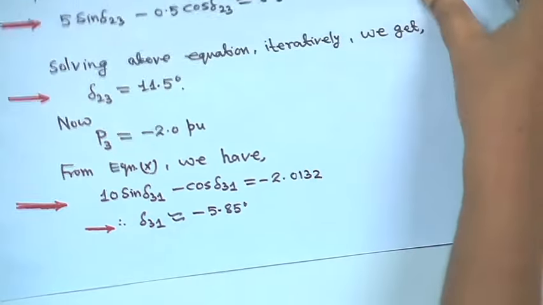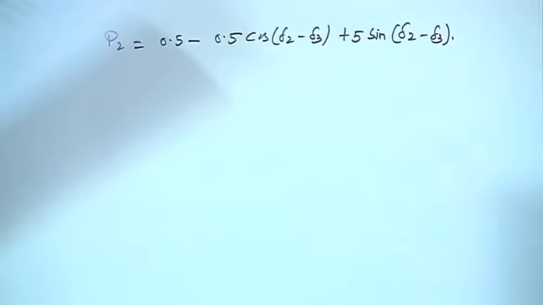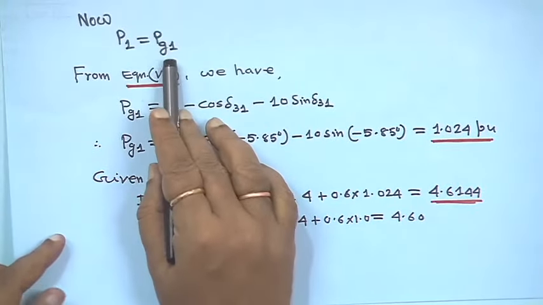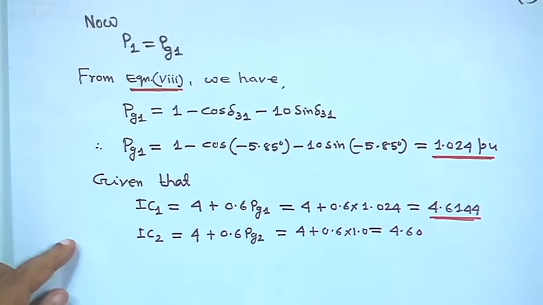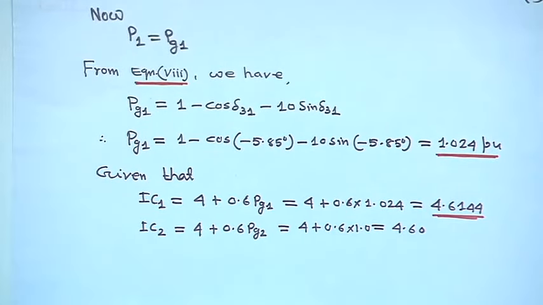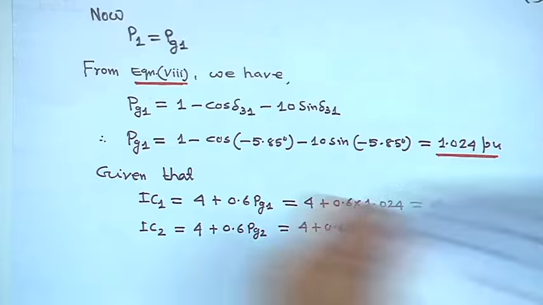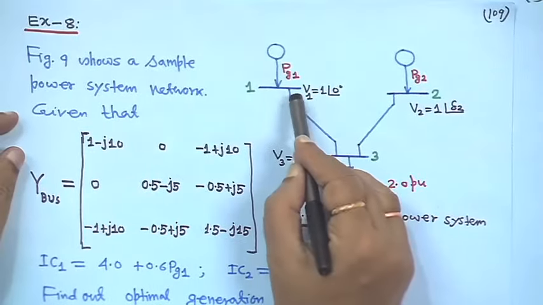So, at the slack bus, P1 is equal to Pg1, right. That is at bus 1, you can see the diagram I have shown you, here it is, P1 is equal to Pg1, right.